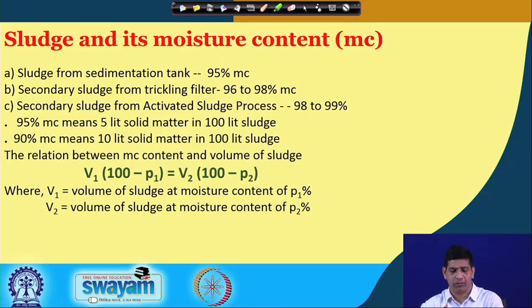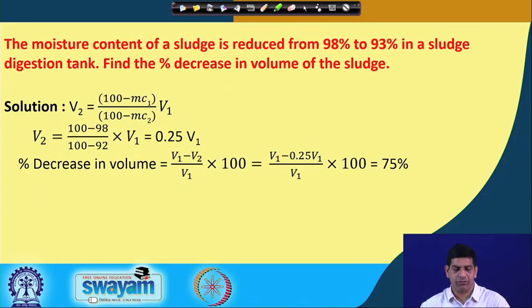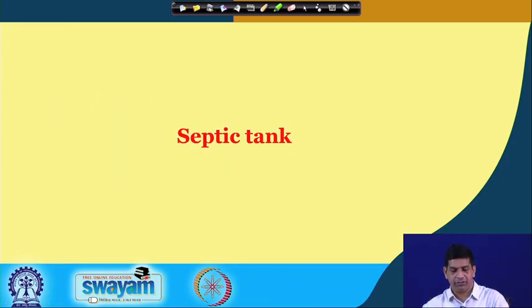So, a lot of water, and the relation between moisture content and volume can be expressed this way, where V1 is the volume of sludge at moisture content P1, and V2 is the volume of sludge at moisture content P2. For example, if the moisture content of a sludge is reduced from 98 to 93% in a sludge digestion tank, find the decrease in volume. Based on that, we get the ratio of V1 and V2, so the decrease in volume is around 75%. That gives you a relationship in terms of how much is there.